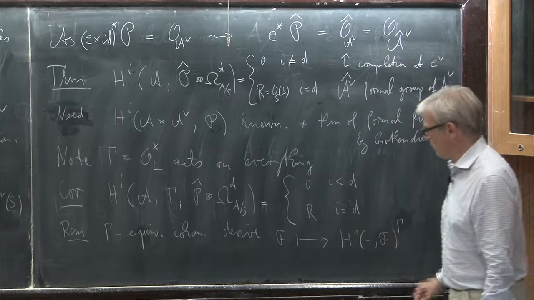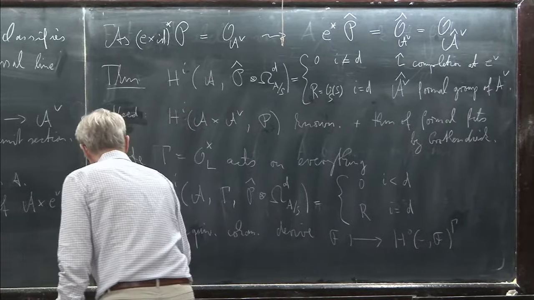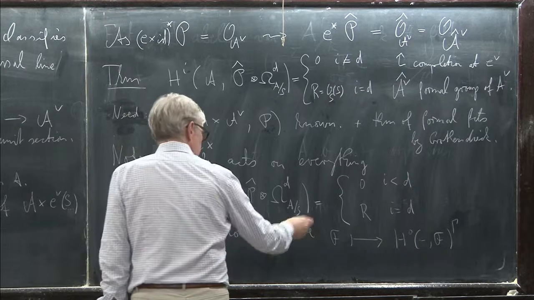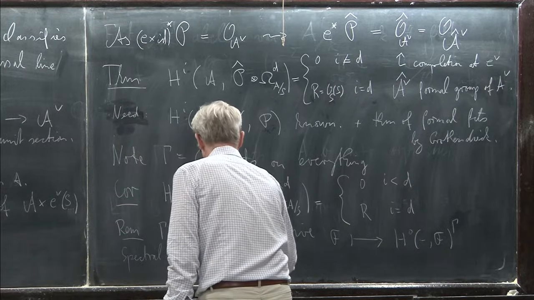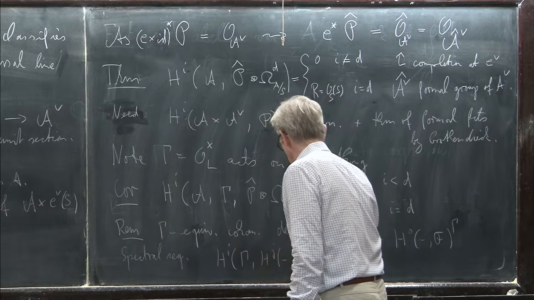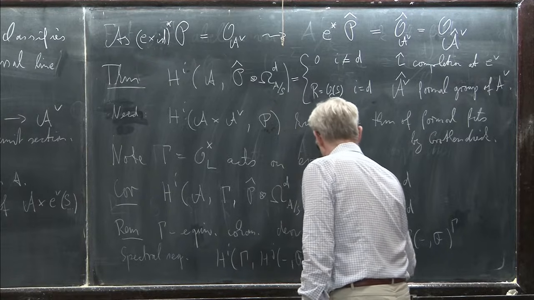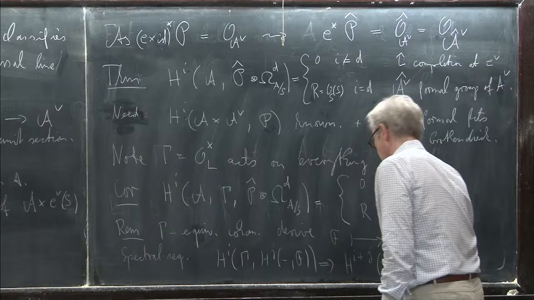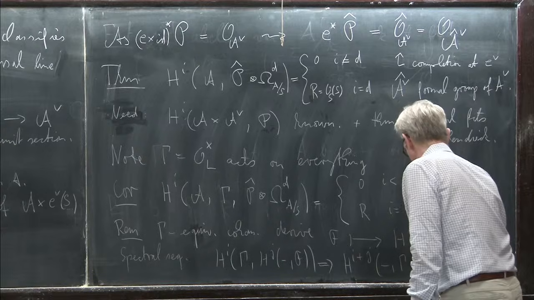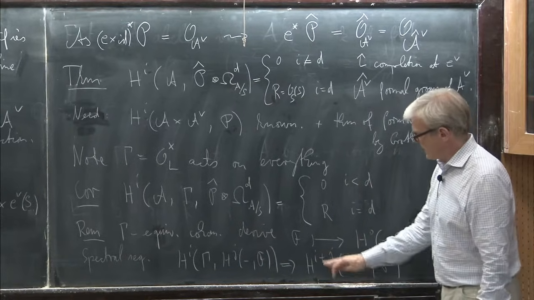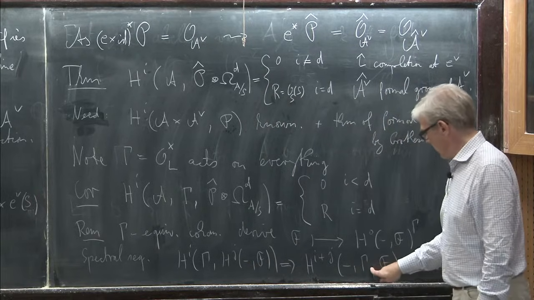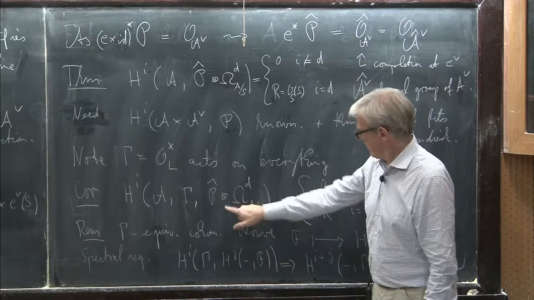So it's a composition of two functors, which means you have a spectral sequence converging to this, which looks as follows. You have the group cohomology of gamma, H^i, applied to the j-th cohomology of your sheaf F, and this converges to the (i+j)-th gamma-equivariant cohomology. And with the results we had, it is quite easy to compute these groups, and you get this result.